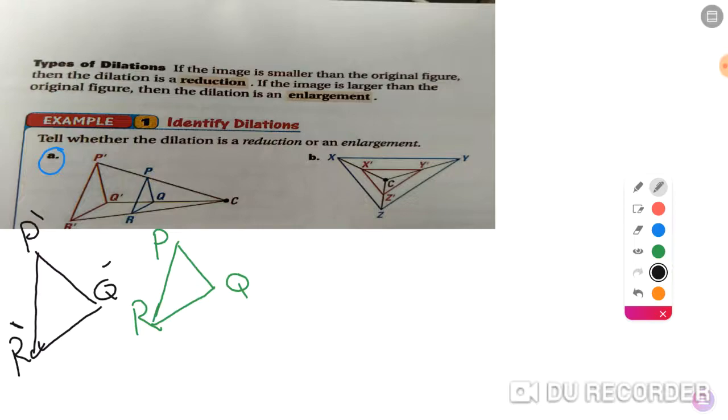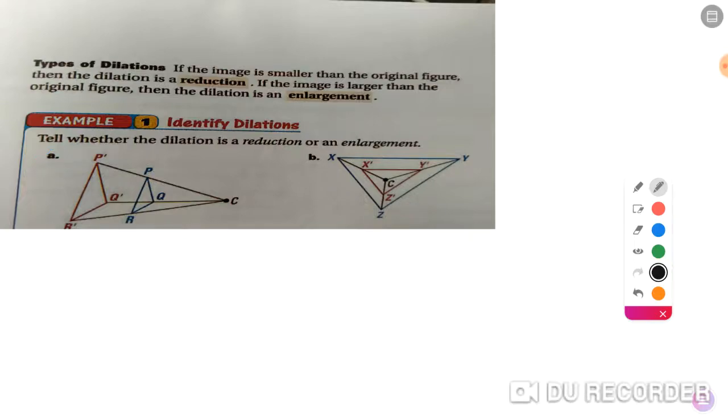So let's think about this exercise. Tell whether the dilation is a reduction or an enlargement. So, actually, we have this original figure, okay? And this is the image.